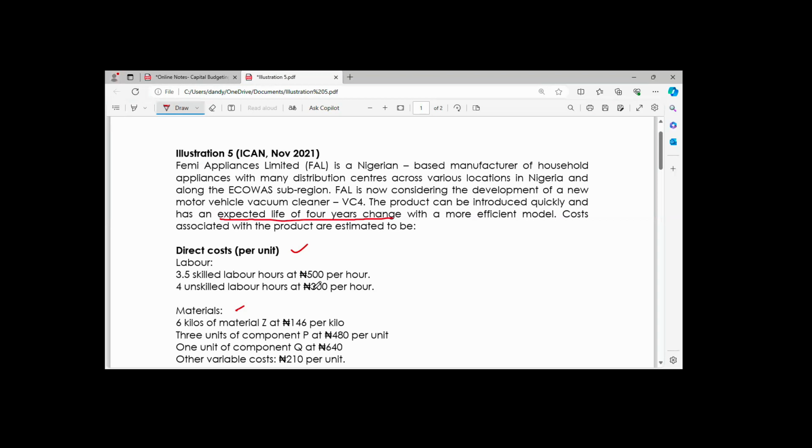That is, one discount rate that will give you a positive NPV, then another discount rate that will give you a negative NPV. Step 2, you calculate internal rate of return using the internal rate of return formula. Step 3, you advise whether the project is financially viable. Those are the 3 procedures you need to carry out.